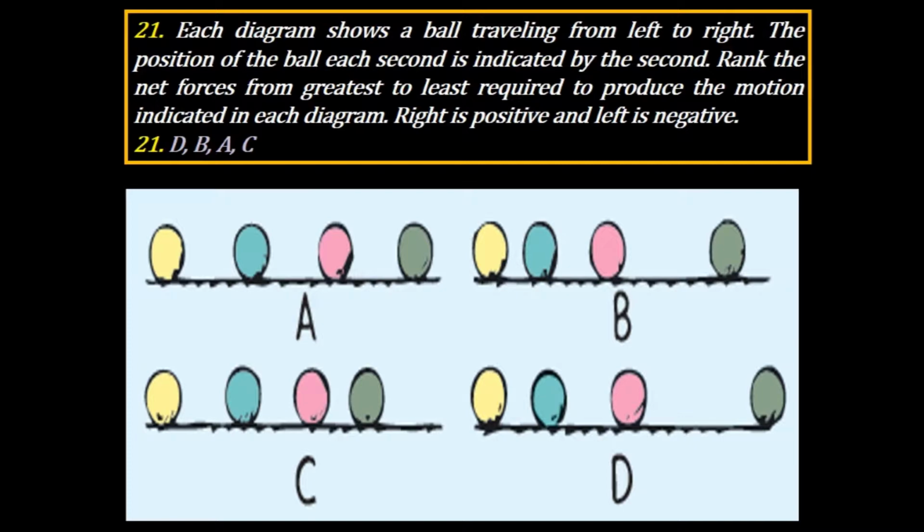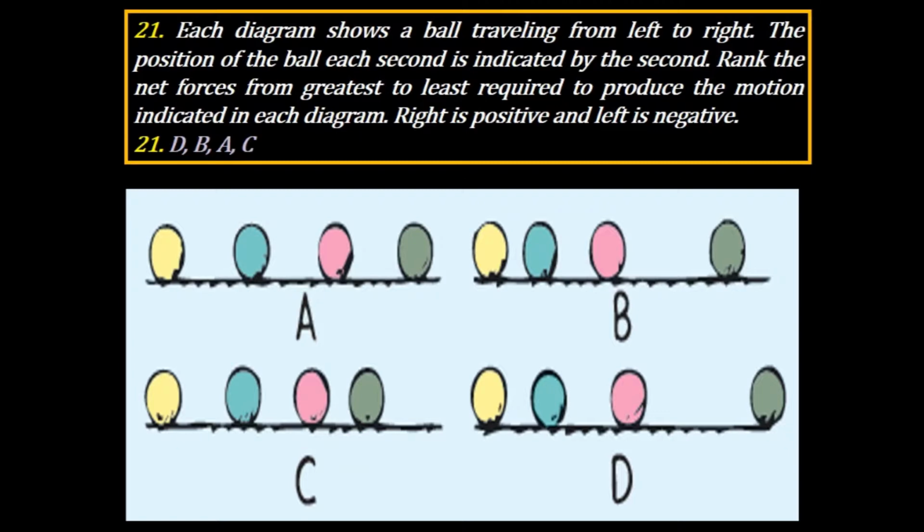Each diagram shows the ball traveling from left to right. So all the balls are traveling from left to right. The position of each ball, each second, is indicated by the second. Rank the net forces from greatest to least required to produce the motion indicated in each diagram. Right is positive, left is negative.